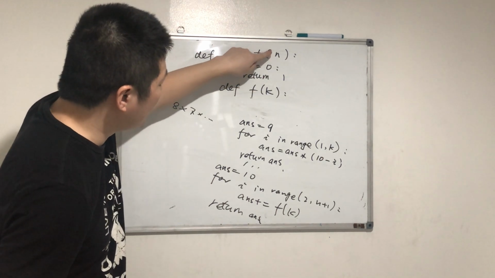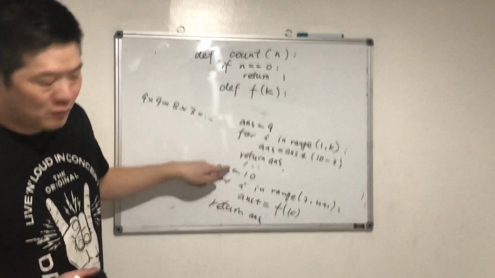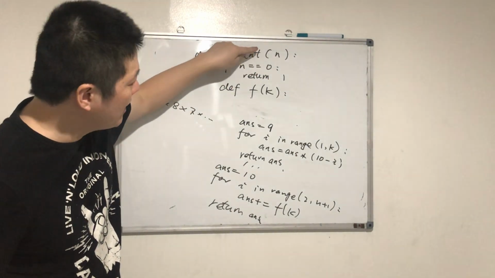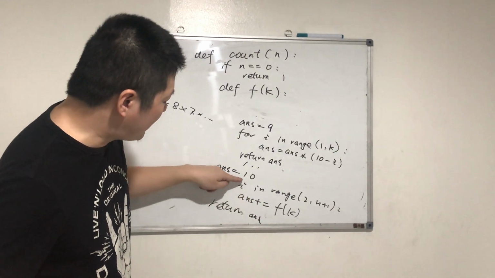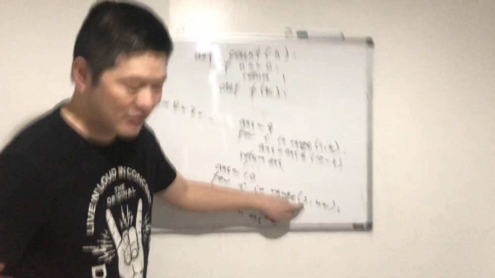When n is 1, you should return 10, right? And when n is 2, return will be 10 plus fk, which is f2, right?